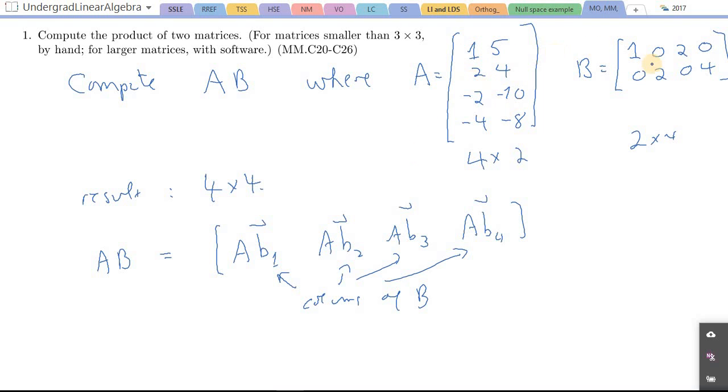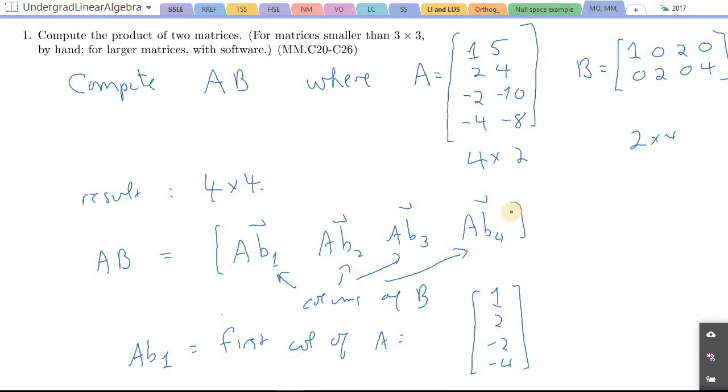So in fact, AB1 is simply the first column of A. Okay, so AB1 is equal to the first column of A. That's going to be equal to 1, 2, minus 2, minus 4.